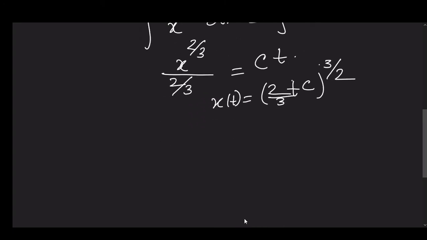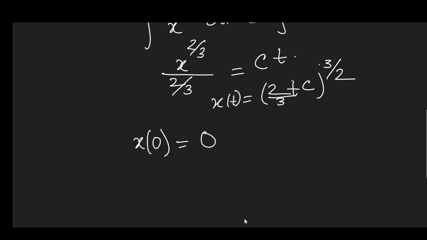Now we have to figure out the value at x equal to 0. The initial condition given is x(0) is equal to 0.